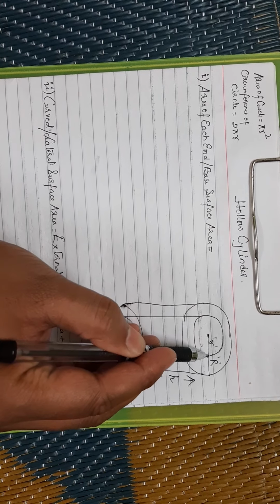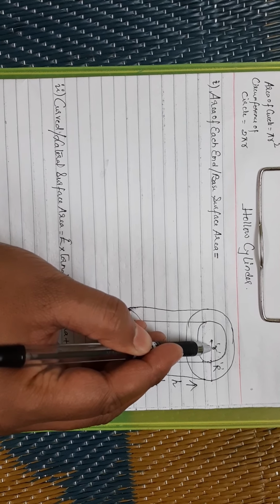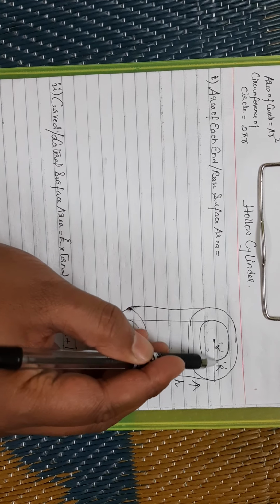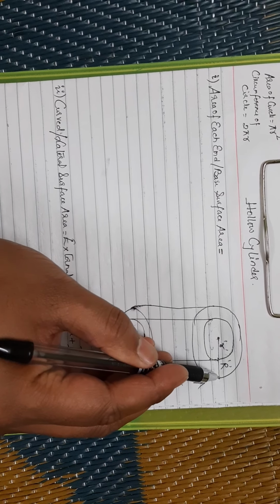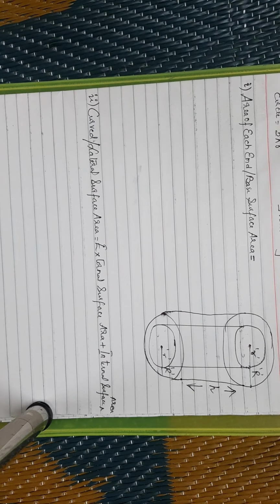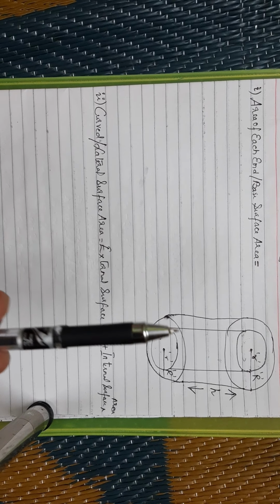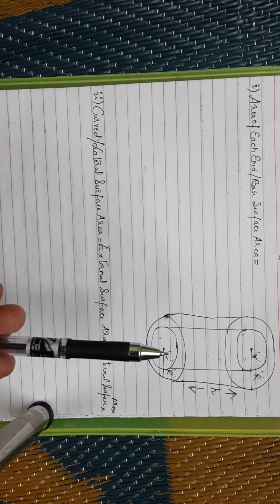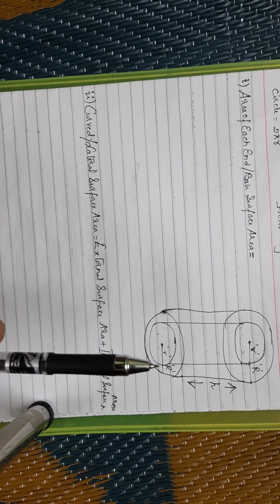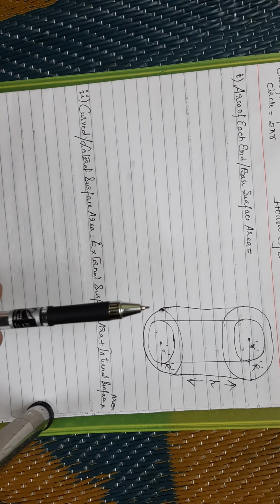The small r means the radius of the inner circle, whereas the capital R is the radius of the outer circle. There are two circles, so to denote them, the inside circle radius will be small r and the outside circle radius will be capital R.